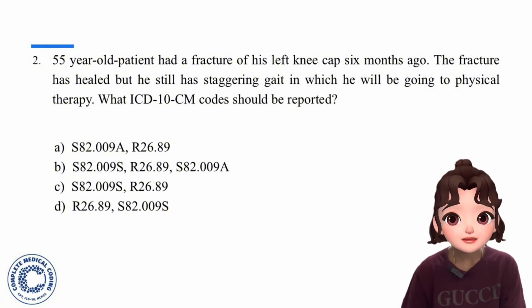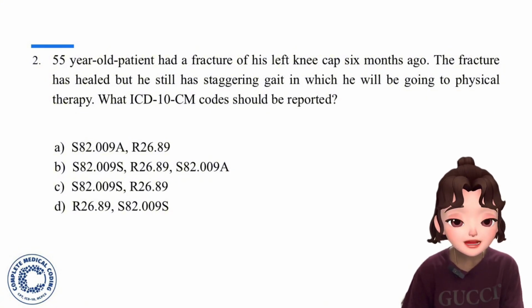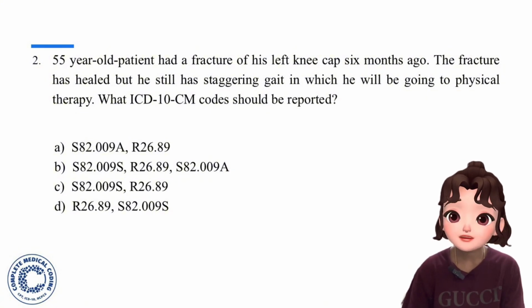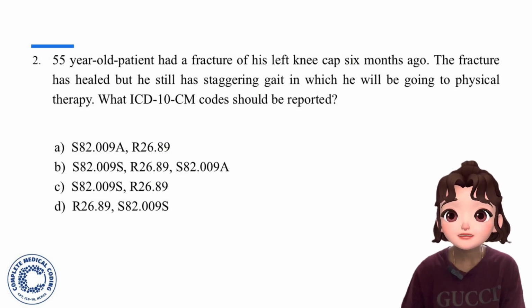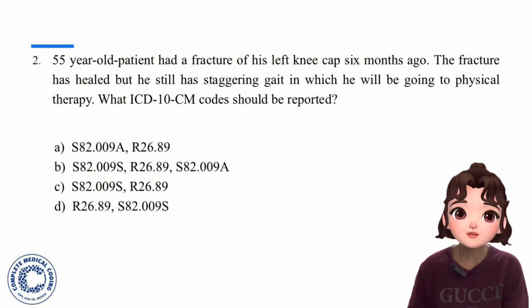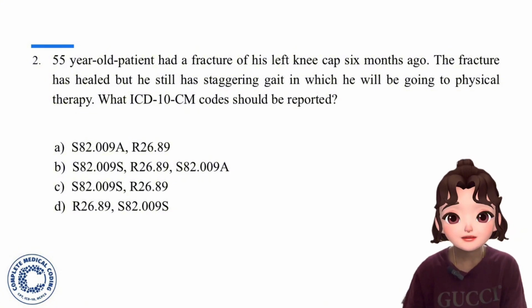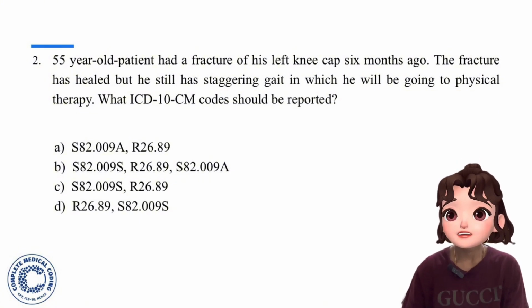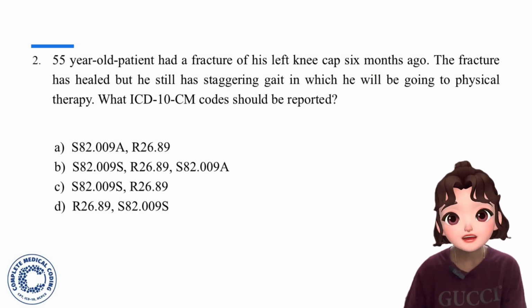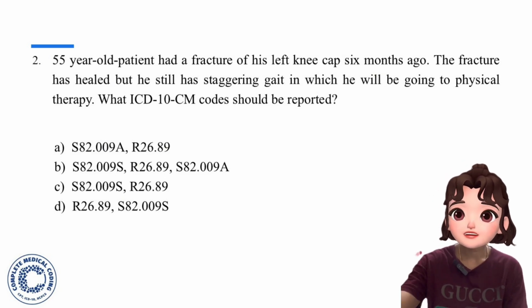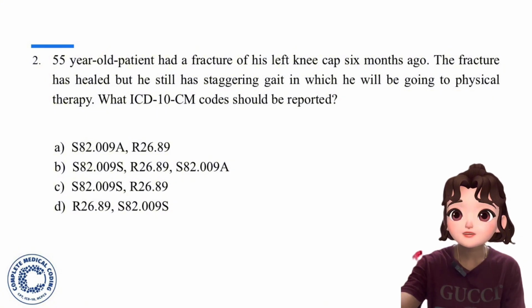So you cannot say unspecified fracture or unspecified patella. So that's wrong, skip that option. Now let's go to option B. Again it is the same, S82.009S, which means sequela. That is also wrong. Moving to the third, again the same, also wrong. It won't come as the primary. What is option D?